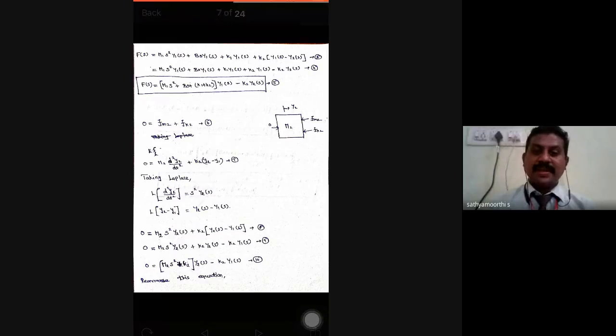After that, we have to consider the second section, mass 2. The input force is 0, the direction is y2, and there are two opposing forces, the individual ones, Fm2 and Fk2. So 0 equals Fm2 plus Fk2.